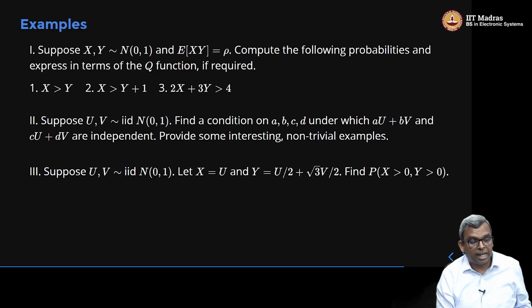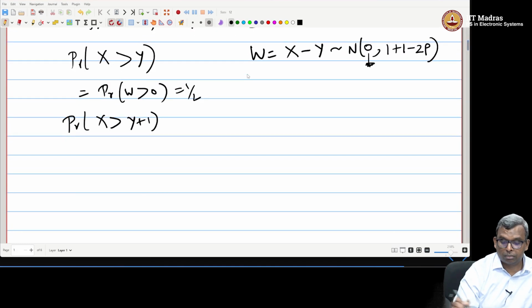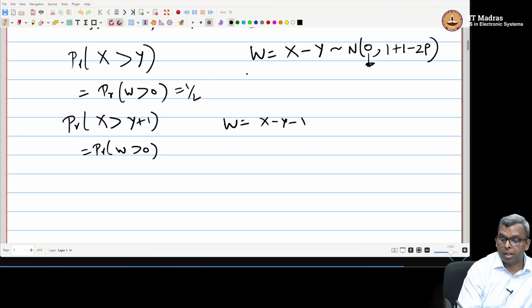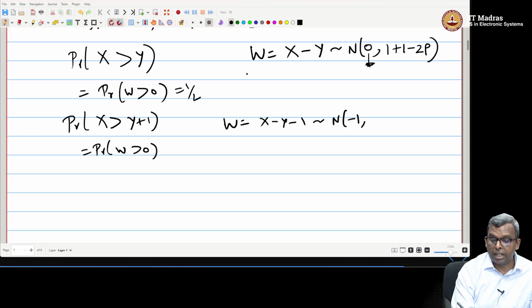So, what about X greater than Y plus 1? This will be a little bit different: the probability that X is greater than Y plus 1. Here you will have to define W to be X minus Y minus 1, so that this becomes the probability that W is greater than 0. This is normal with mean minus 1, and for the variance the minus 1 does not matter, only X minus Y matters, so it will be the same 2 minus 2 rho.